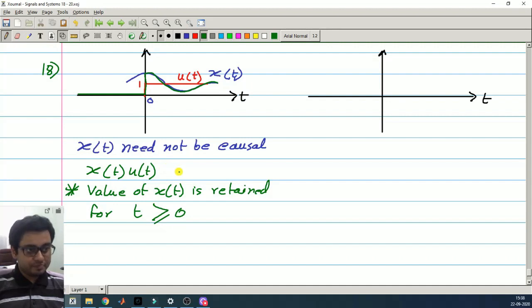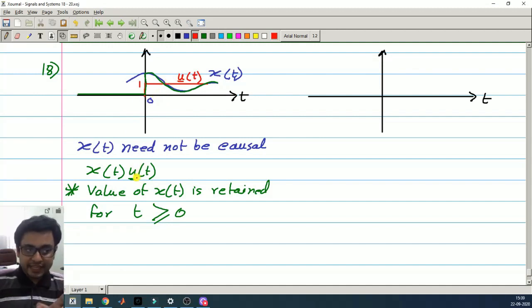Maybe to remind us about this fact, I will put a small minus or small bar below this u and also here, to remind us that when we are multiplying x(t) with this u(t), we are erasing everything before 0 but retaining everything after 0 as well as at time 0.